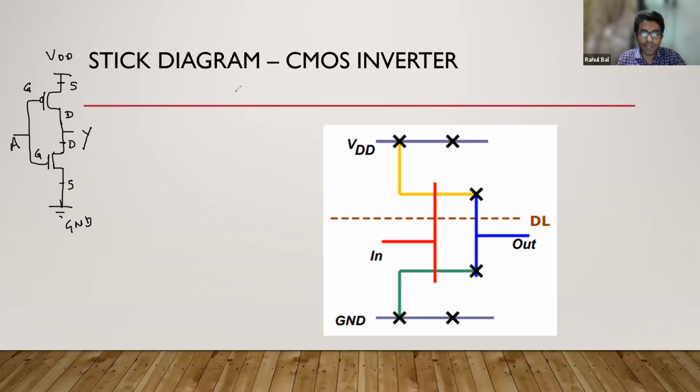Now we'll draw the lines. So we'll take the colors. First you have to draw VDD and ground. Then draw the demarcation line. You can show it by dotted lines.